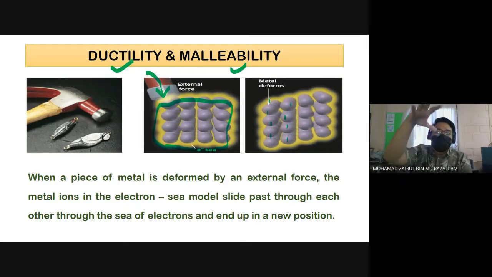Tapi dia hanya berubah tempat, dia masih still dalam, dia tak boleh break. Sebab apa? Sebab adanya electron-sea model tu yang hold the positive ion. Okay. Okay tak ni? Okay, sir. Okay, awak ingat ductile dia jadi wire, malleable jadi thin sheet.